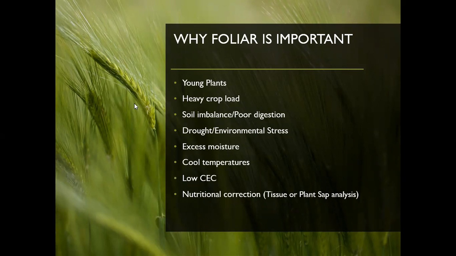We're looking at phosphorus, a little bit of nitrogen, and the trace minerals. In a lot of cases, we're not going to have enough leaf to begin a tissue sample or a plant sap or leaf extract analysis early. So let's start that foliar program. As I always say, feed weekly with nutrition that we know is needed by those young plants.